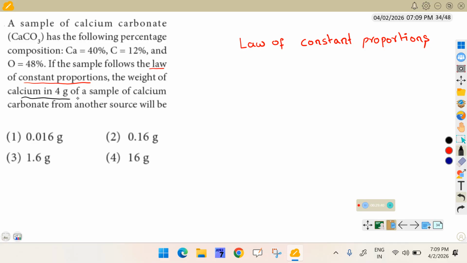That's the reason the percentage of each element remains the same. So the percentage of calcium remains the same. 4 into 40 by 100 is 1.6. Correct answer is 1.6.